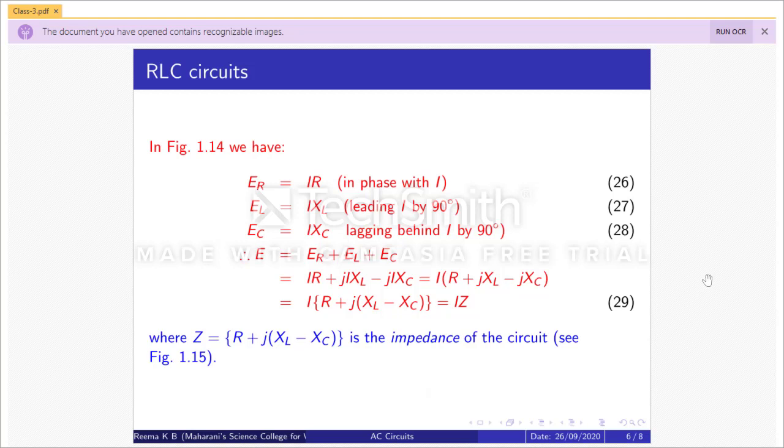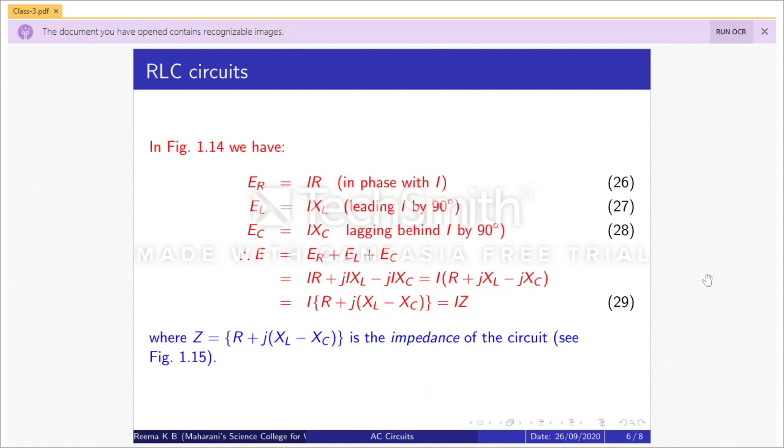Therefore, E is expressed as ER plus EL plus EC. Substituting for ER, EL and EC in E, we get E is equal to I into R plus J times I XL minus J times I XC.